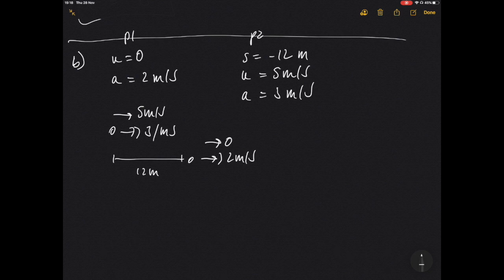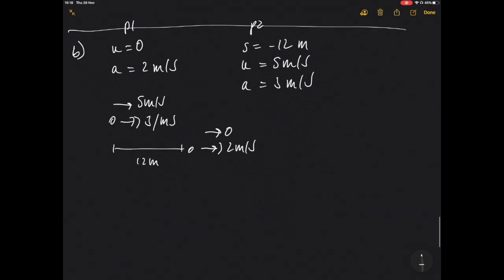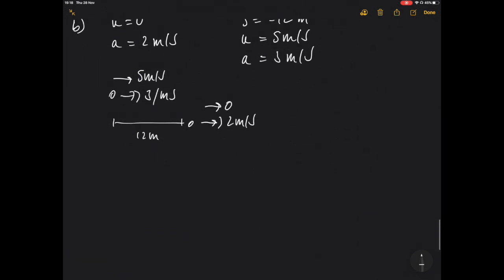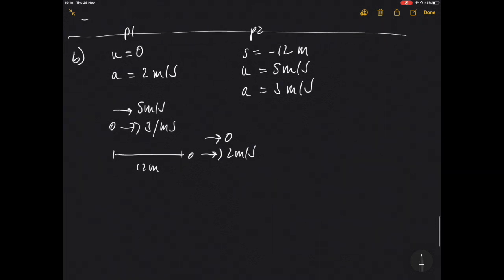For particle A, we know u equals 0, so we can find a distance and a time. We know our acceleration is 2. So we can say s equals ut plus a half at squared for our particle 1.